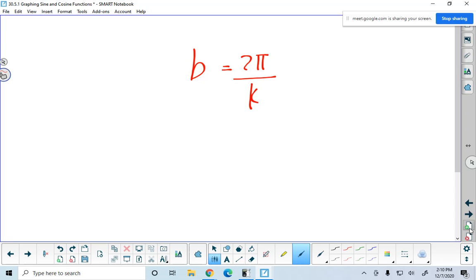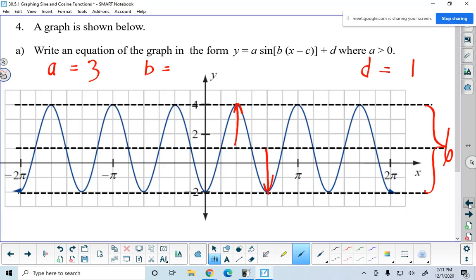And now we have to look at the period. This is not easy. We have to look at the period, which is the horizontal distance from the beginning to the end of one cycle. And this distance, this period, is 2 pi over 3.